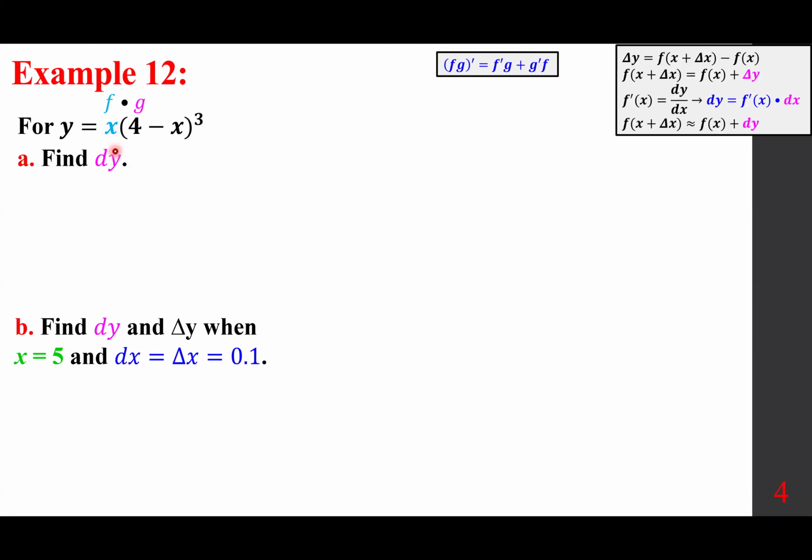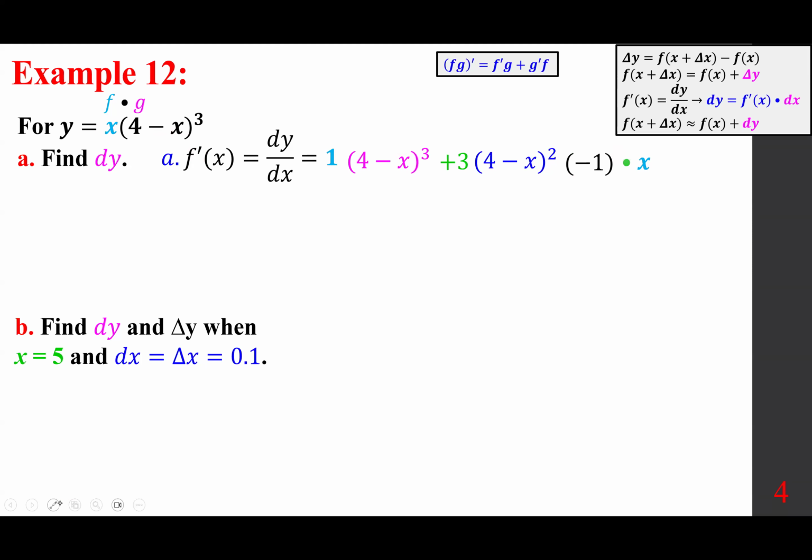So f prime is simply 1 times g, 4 minus x quantity cubed. Now g prime is 3 times 4 minus x squared, times the derivative of the inside, negative 1, by the chain rule. And this entire thing is g prime now times f, x.